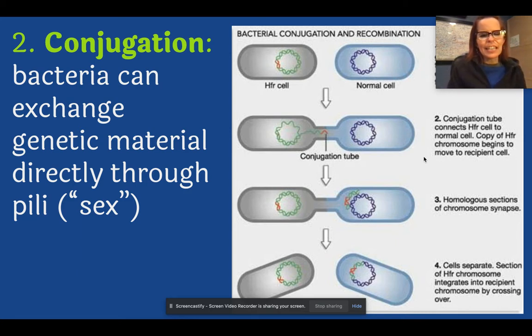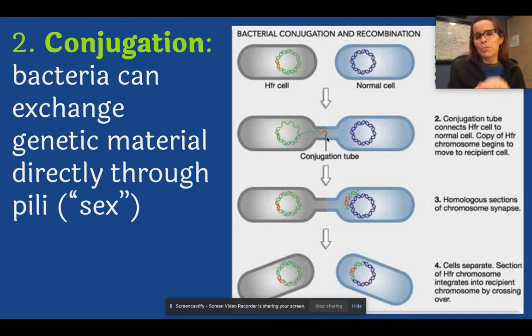The bacteria can exchange genetic material through a projection that grows off of some bacteria called a pilus or pili. You can see where it says conjugation tube in the image. That's where the pili have come together, and they can transfer DNA from one bacteria to another.